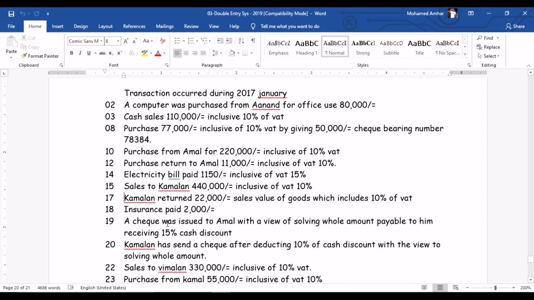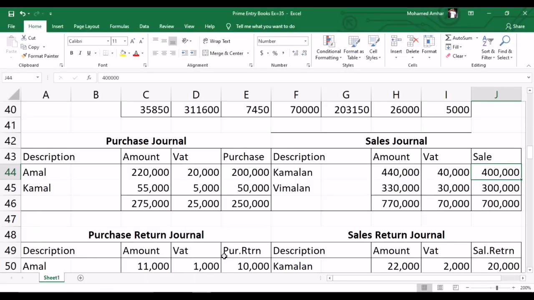Kamalan returned 22,000 sales value of goods, which includes 10% of VAT. Right. So you have to write it. Kamalan return, no? So that is sales return. So you have to write it in the sales return journal.